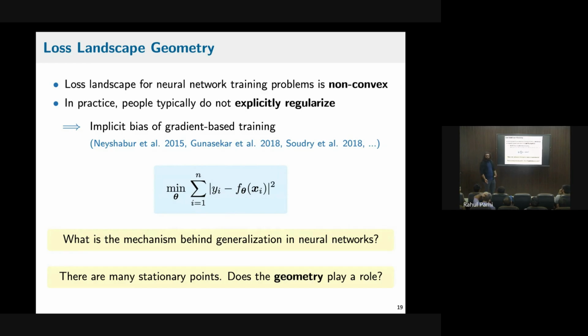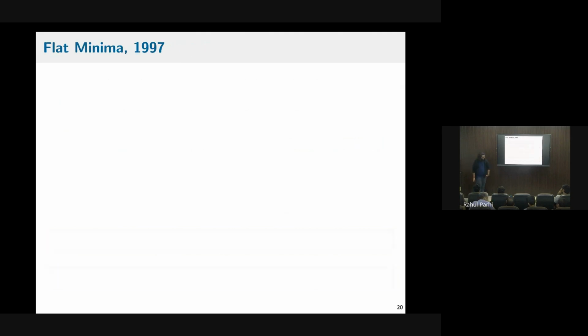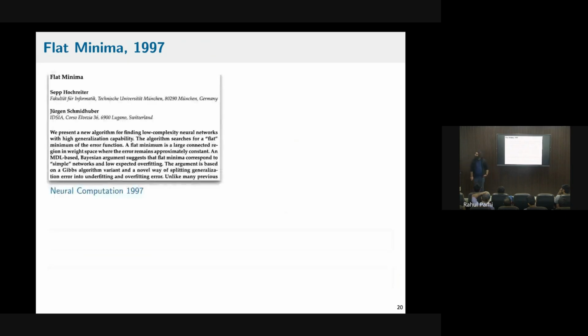Does the geometry of the landscape play a role in actually understanding what's going on? And to make this explicit, let's maybe go on a short history detour back 30 years ago. There was this paper from Hochreiter and Schmidhuber in Neural Computation. This is the Schmidhuber you're thinking about.